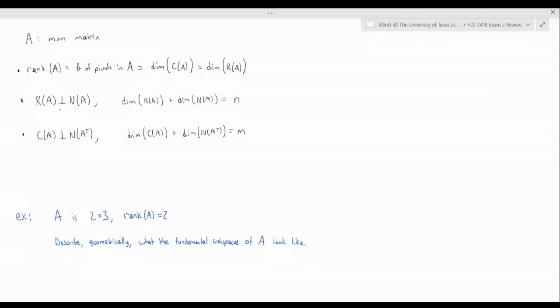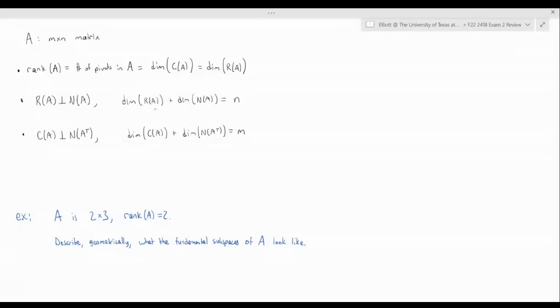And there were these orthogonality relations between some of them. So the row space and the null space were orthogonal complements of each other. So this means that every vector in the row space is orthogonal or perpendicular to every vector in the null space.